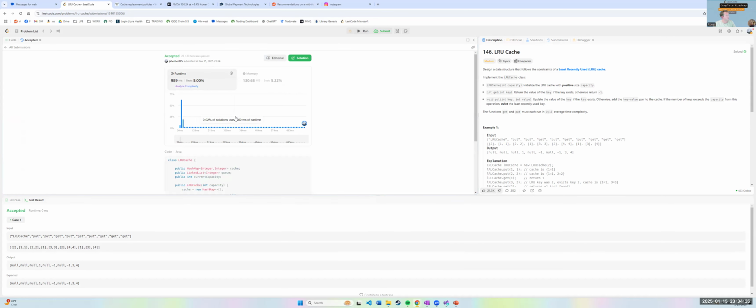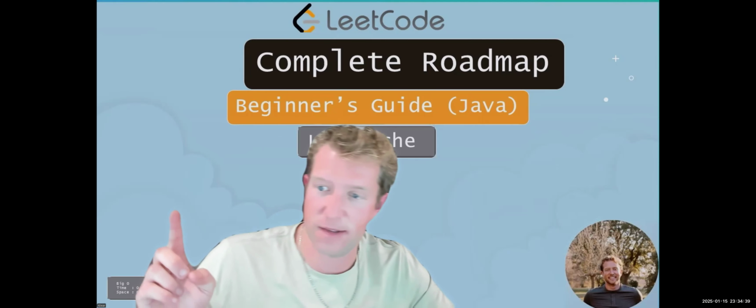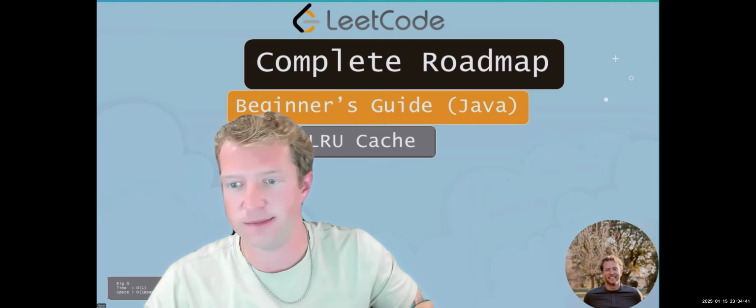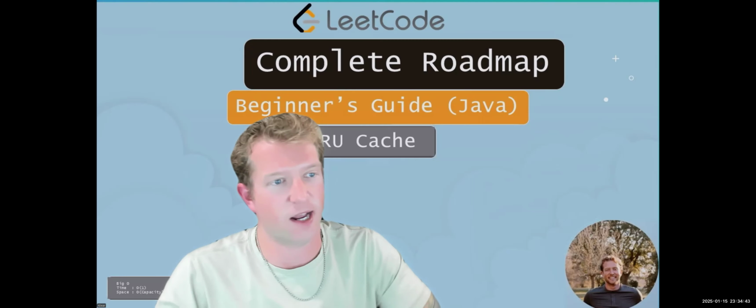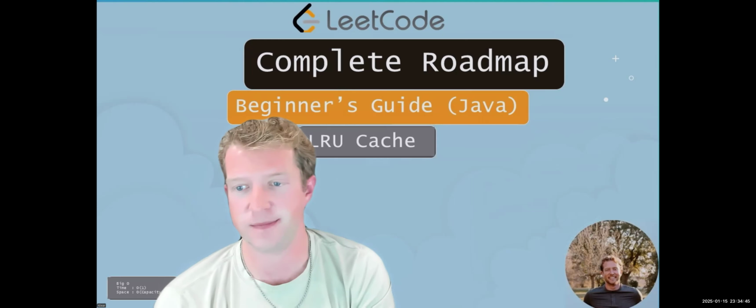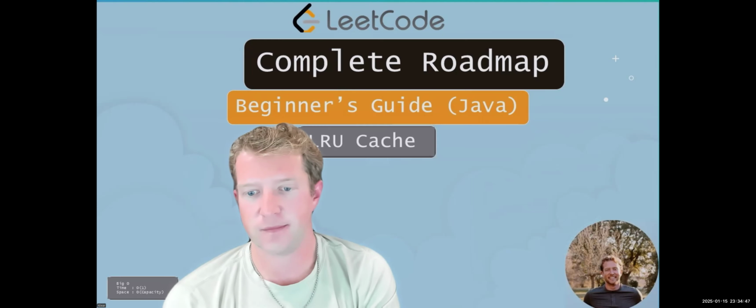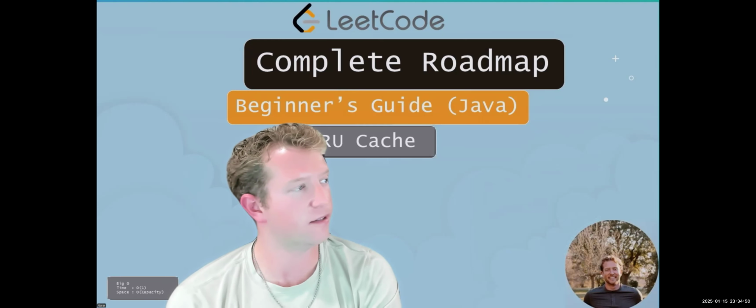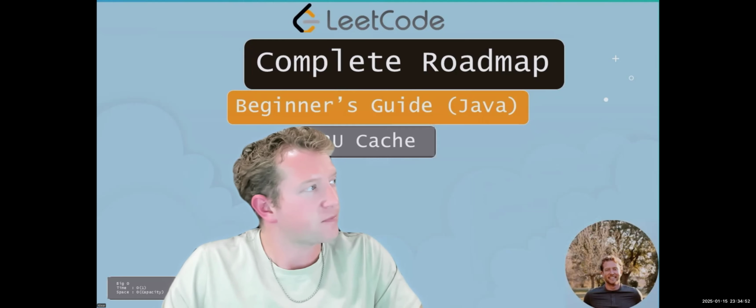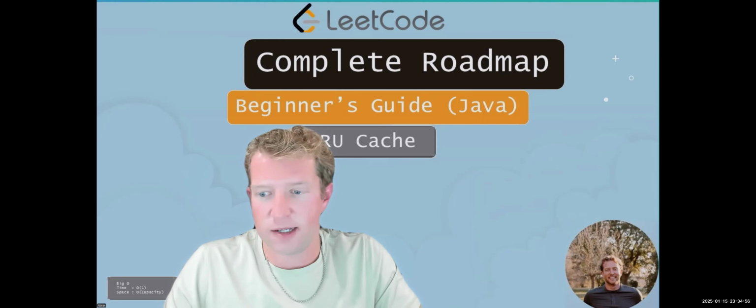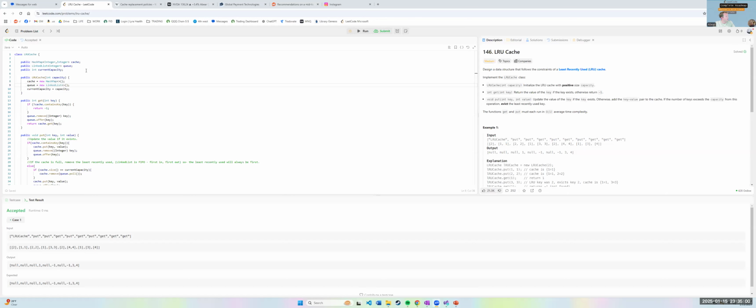All right. So we successfully solved the LRU cache problem here. We did so using a HashMap and a linked list. Now, if I was going to do this again to make it more efficient, there's a few ways you could go about it. We'll share screen here.